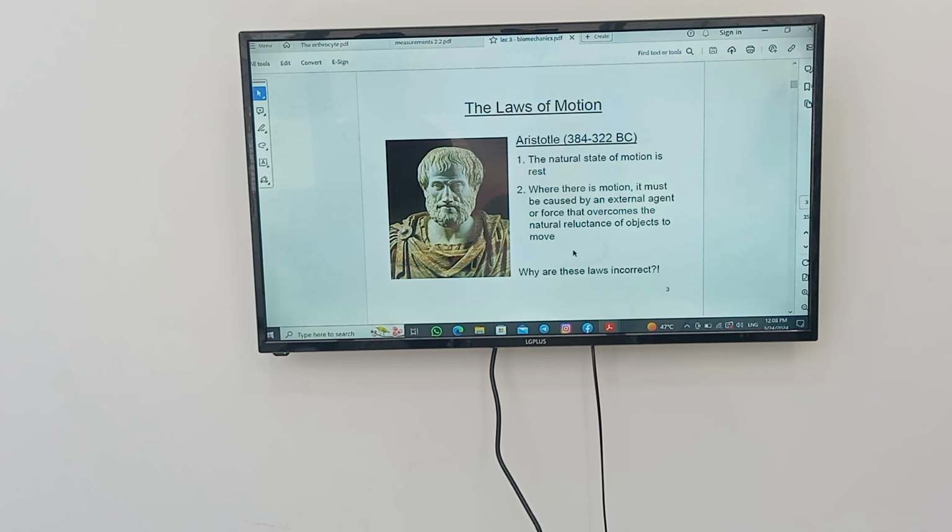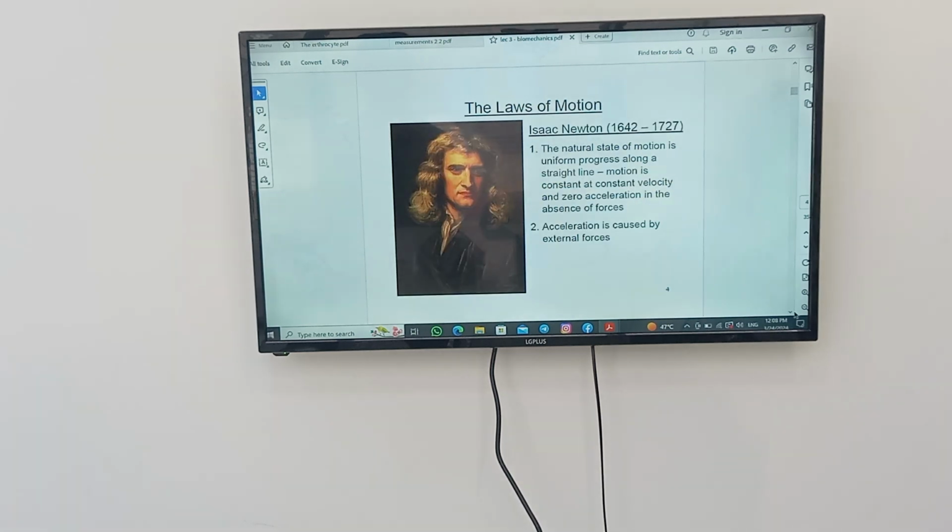So according to Aristotle, the object in a state of motion must have an external agent or an external force for it to move. This is of course incorrect, the law of Aristotle.